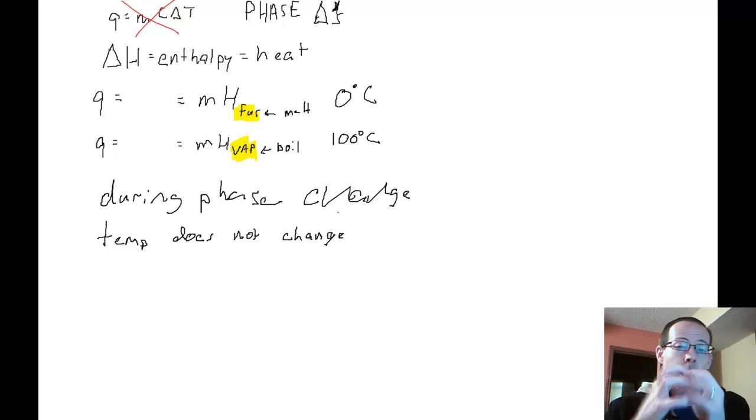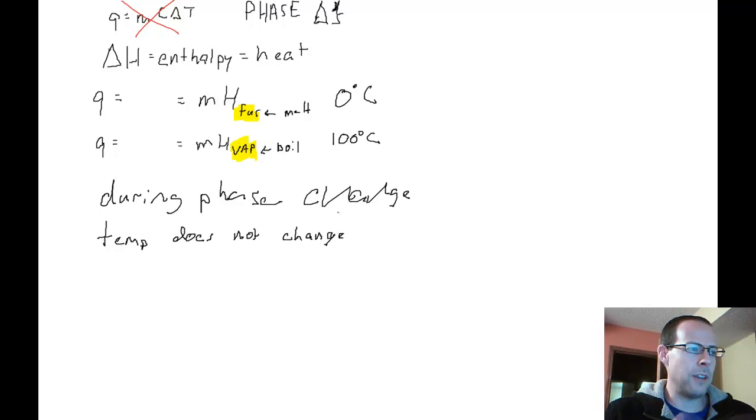In a liquid, our molecules are really close together, and in a gas, our molecules are really far apart. In a liquid, they're moving around, and if we take heat away, when we're freezing something, we're not making them move any slower, but we're causing them to attract more to each other. So the attractions are changing, which is more information that you need to know later.